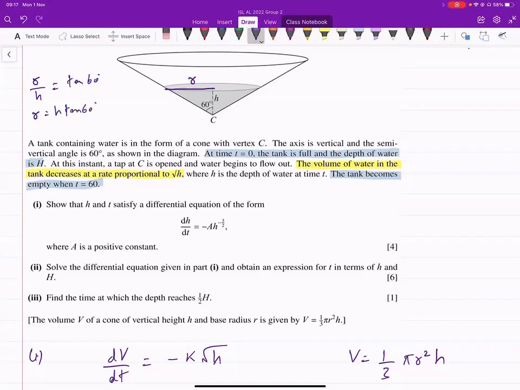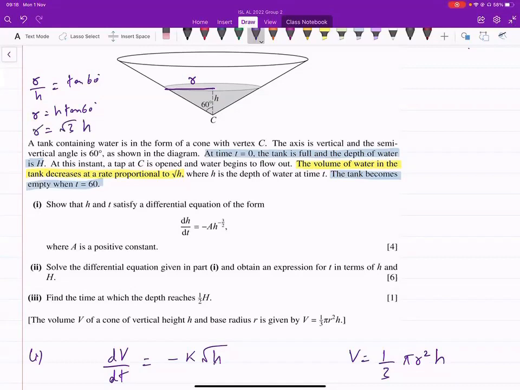Tan 60 क्या होता है? Square root of 3, or is it 1 over square root of 3? Tan 60. 0, 1, 2, 3, 3, and it's square root of 3. It's square root of 3, right? Square root of 3 is your tan 60. So that's square root of 3h.